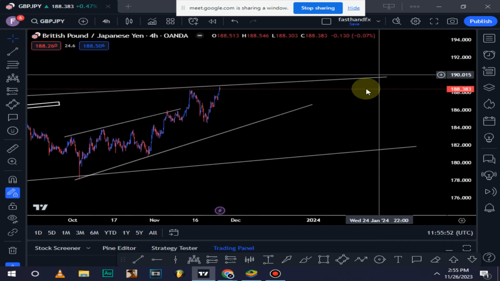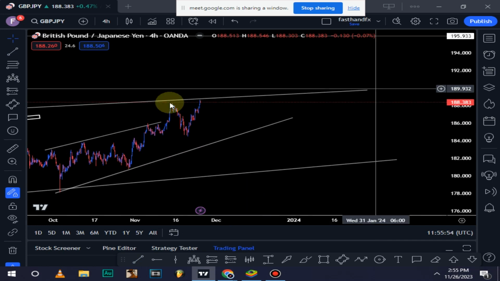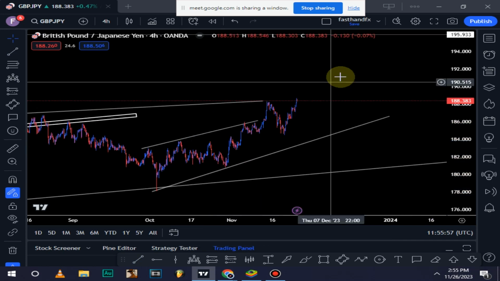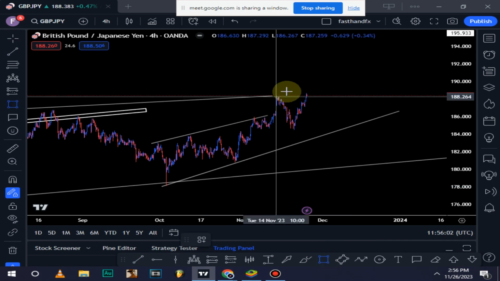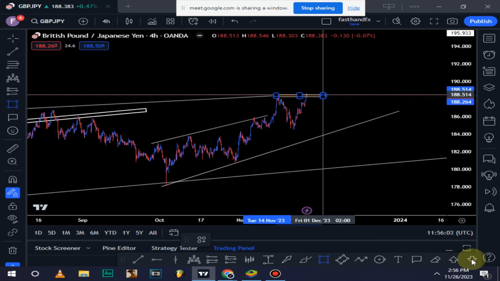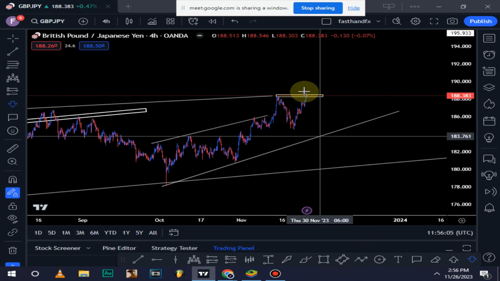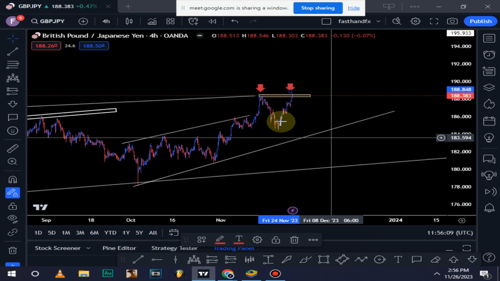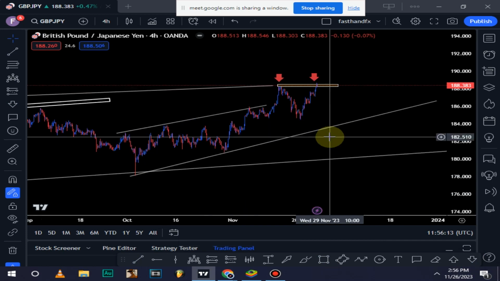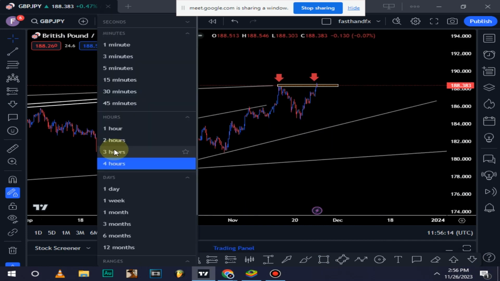Can you see this? So hidden, yo. This is a double top. Crazy. So this is the criminal. This was the criminal here. So if we had that as a double top, let me go back to the 1 hour then.